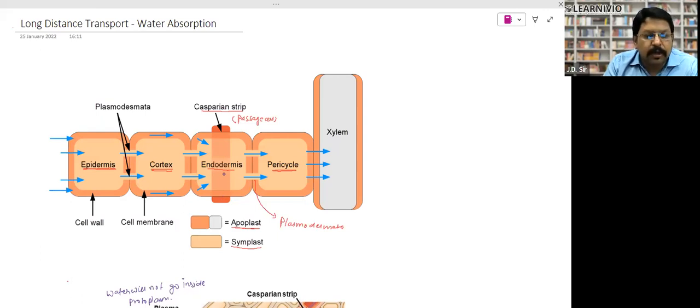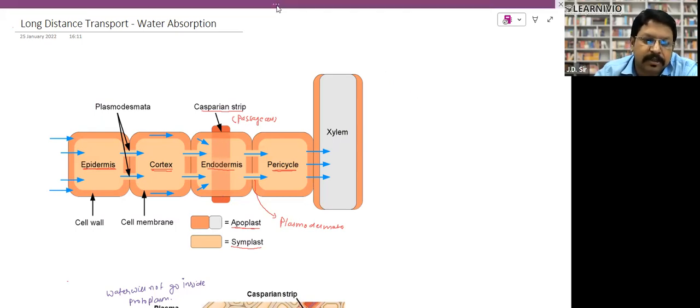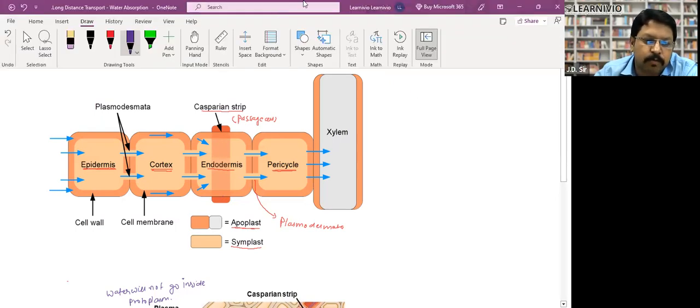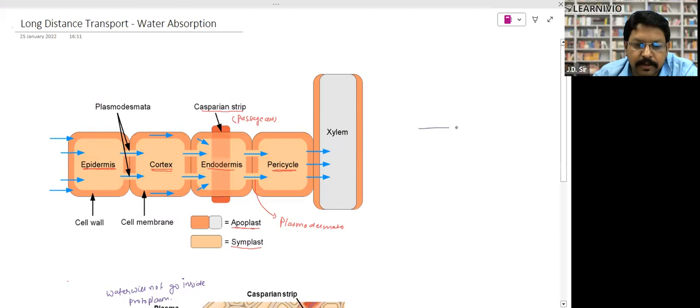Yeah, sure. Look, suppose I make a separate cell for you, then it will become more clear. Suppose this is a plant cell, and this is another plant cell.